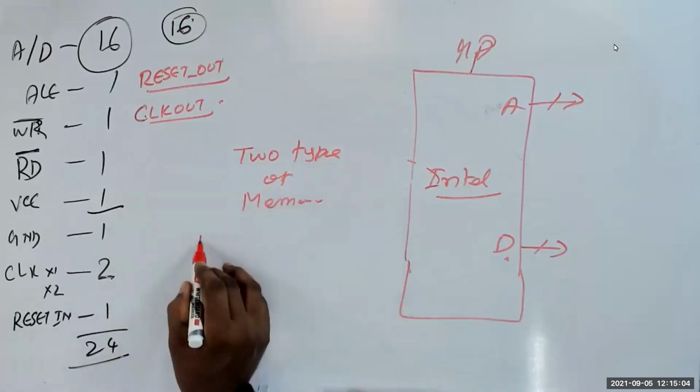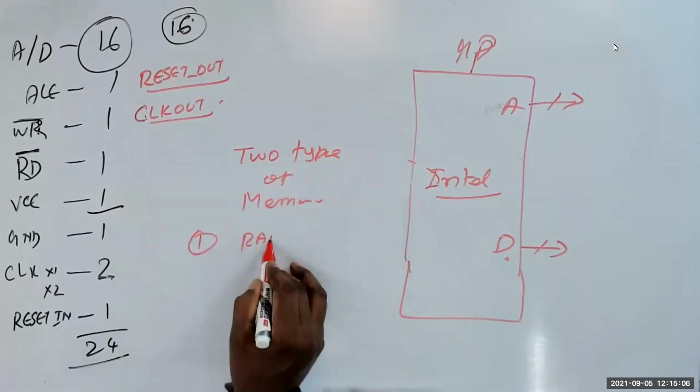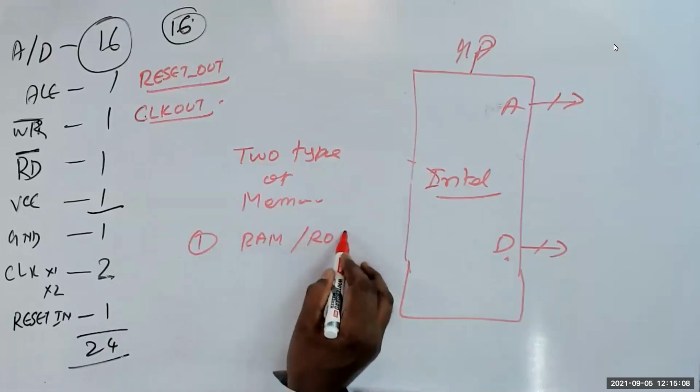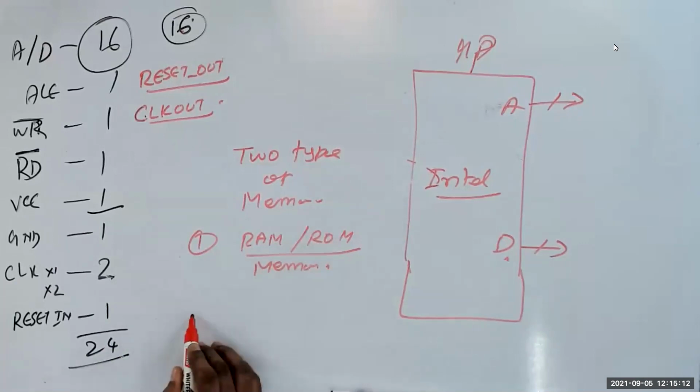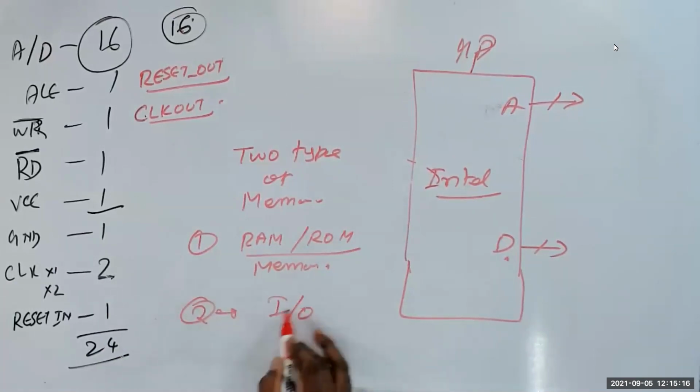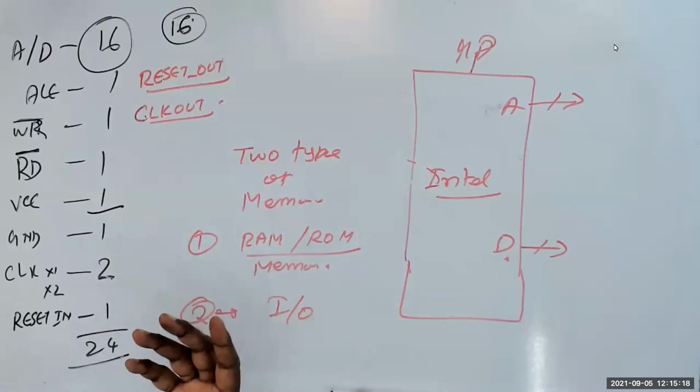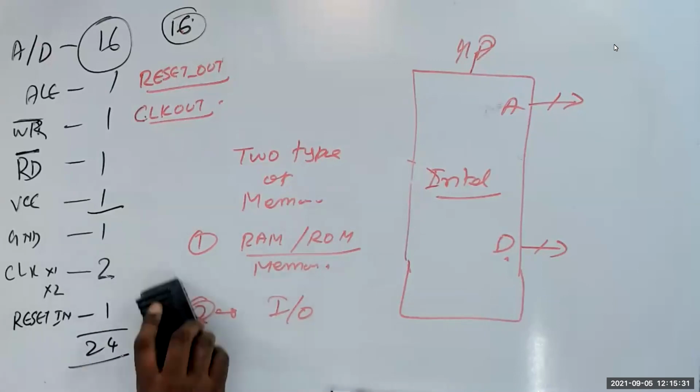One is RAM and ROM, which we call memory. But the second one is IO, that is your keypad, LEDs. All those things are called IOs. So Intel thought, let us have two address spaces.